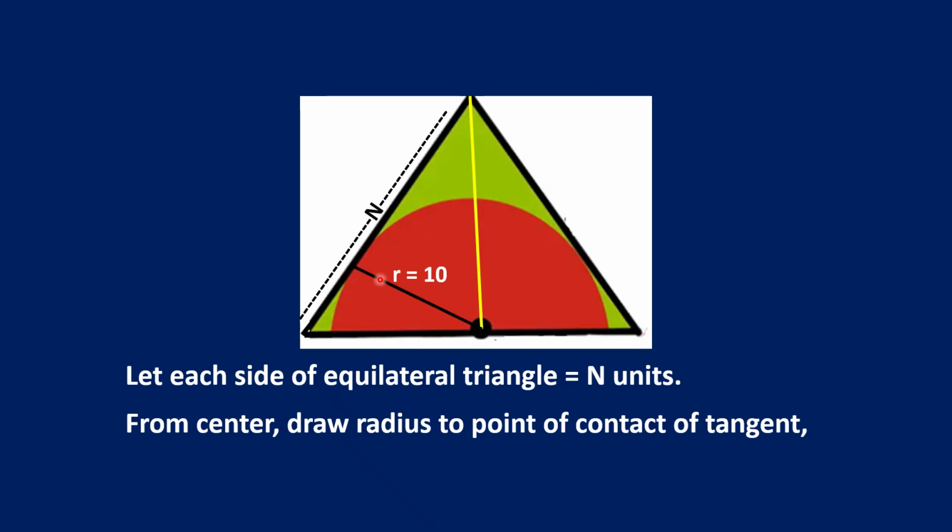Each side of the triangle is n units, and from the center of the semicircle we draw a line to the point of contact of the tangent. The tangent is the side of the triangle. Now let us proceed further.